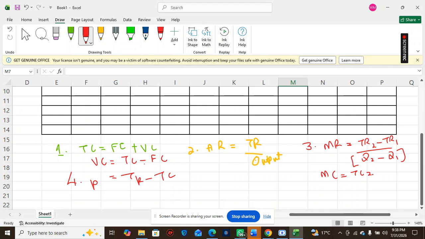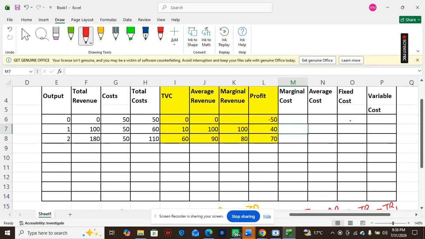total cost 2 minus total cost 1 over Q2 minus Q1. So it's the change in total cost.